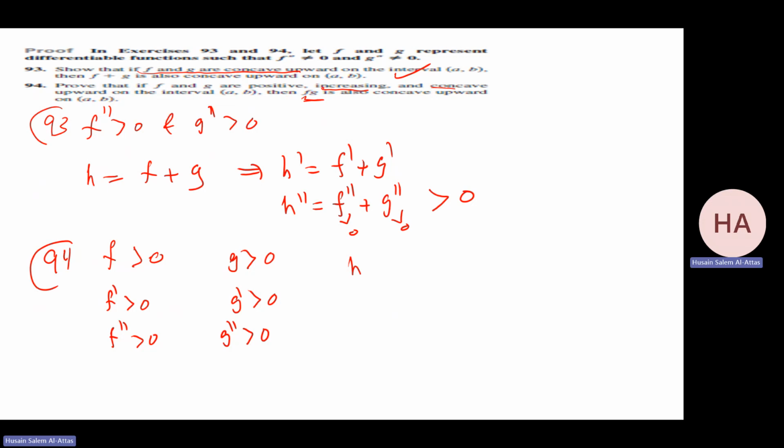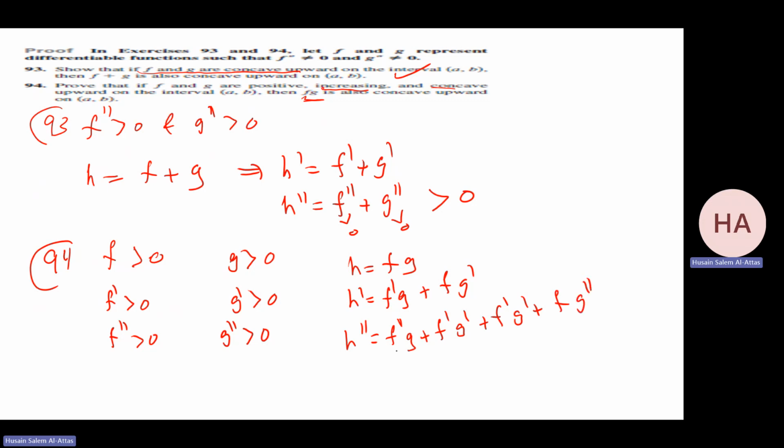So we need to find h equals f times g. What will be h prime? It's f prime g plus f g prime. What will be h double prime? It will be f double prime g plus f prime g prime plus f prime g prime plus f g double prime. This is positive, this is positive, all of these are positive. So for sure this is positive. So this is correct.